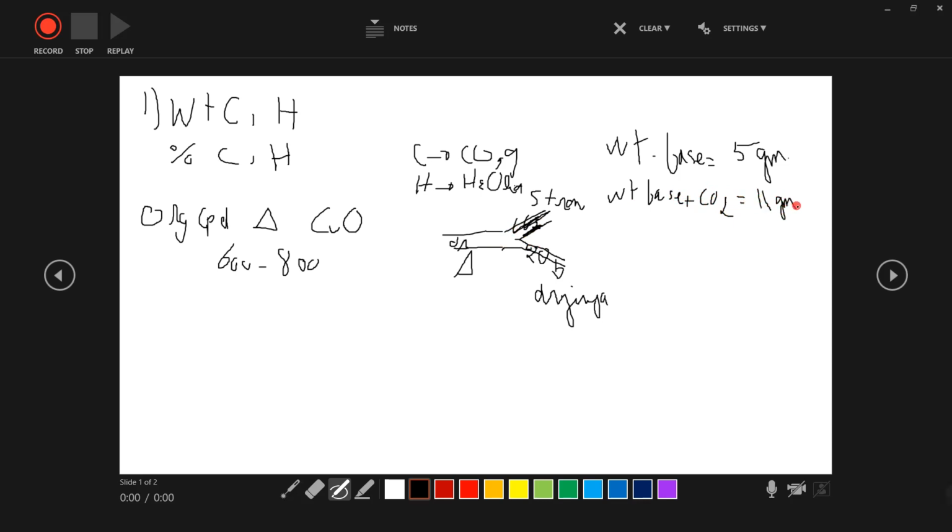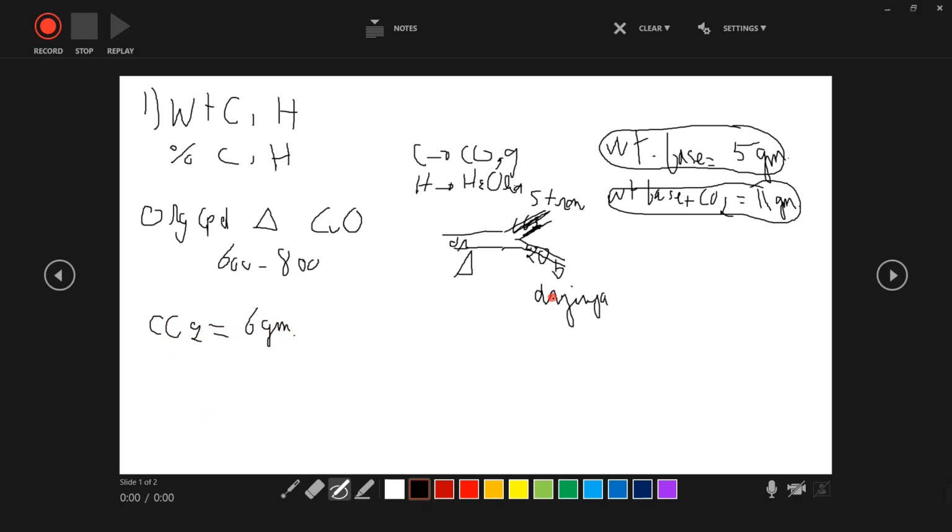Can you tell me from this equation what is the weight of carbon dioxide? Of course, it is very easy. I will do this 11 gram minus the weight of the base only to get the weight of the carbon dioxide. That carbon dioxide will be equal to 6 gram. Okay, very good.